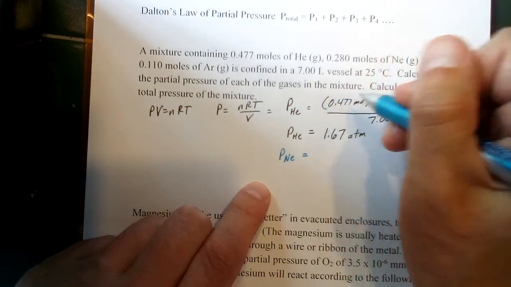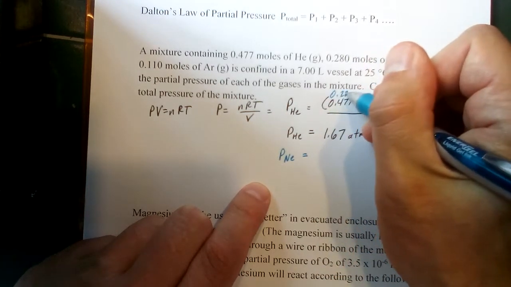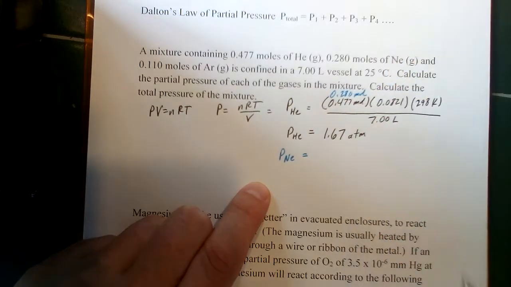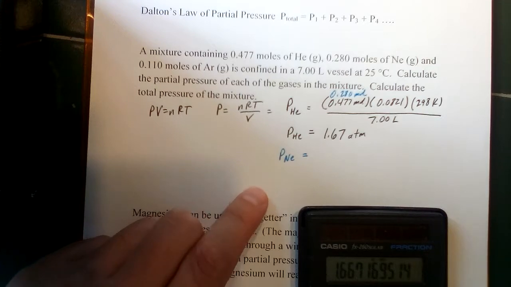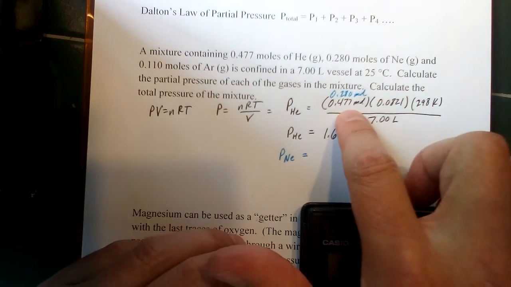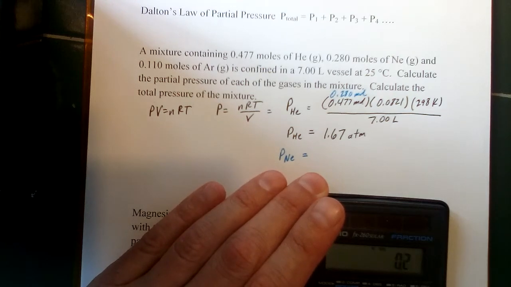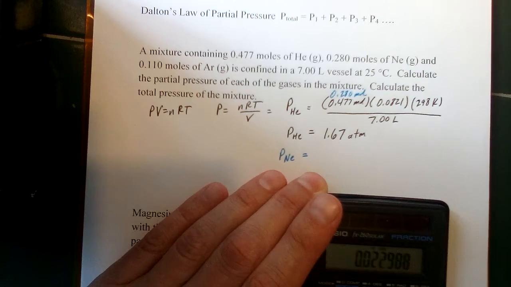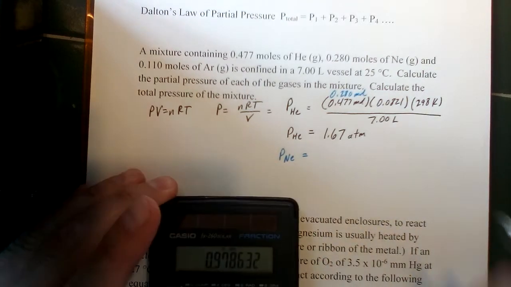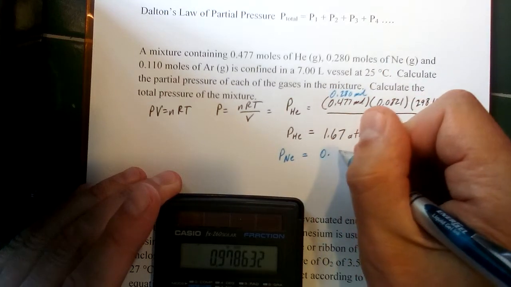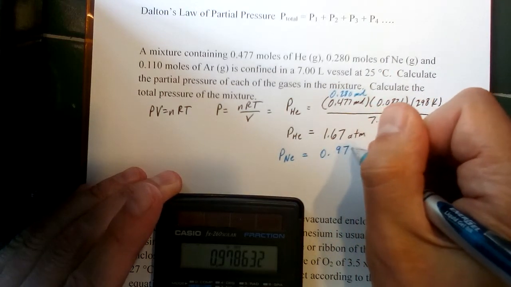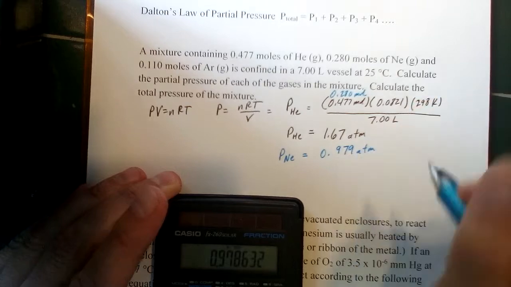So if I just plug in the 0.280 moles for neon up here, I'm just doing the same calculation with 0.280 instead of 0.477, which was moles of helium. So I don't need to rewrite that whole thing if I recognize that. And punching that in, the pressure due to neon is 0.979 atmospheres.